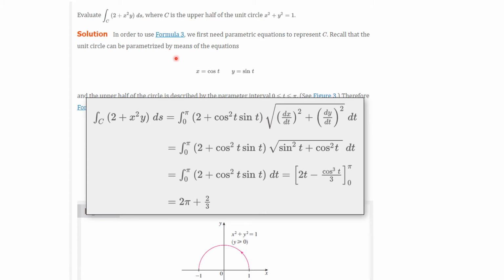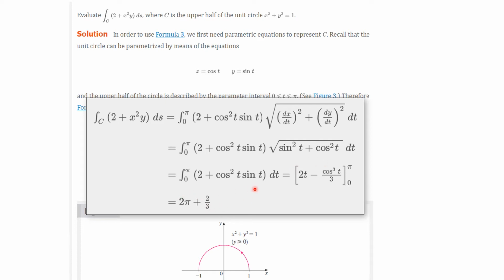And then ds is the square root of (dx/dt)² plus (dy/dt)², square root of that, dt. So dx/dt is actually minus sine of t, but when I square it, I get sine squared of t, and cosine squared of t. And you see, in this case, this factor becomes just 1. So now I'm going to be forming this integral.